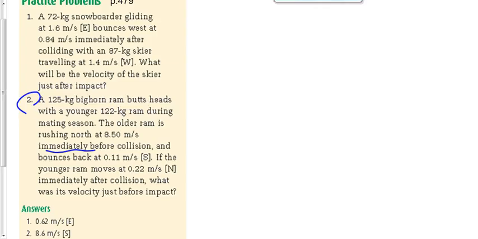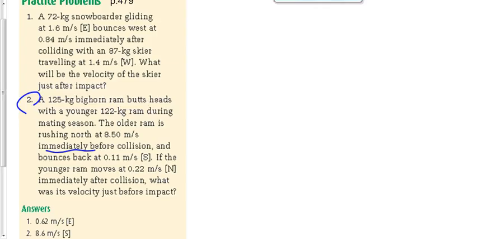Sometimes the word immediately is not directly associated with conservation of momentum, right? But sometimes we see something and it leads us somewhere. If a question talks about there being no external forces, or says it's an isolated system, or says immediately before, then what they're likely doing is guiding us into a conservation of momentum problem.